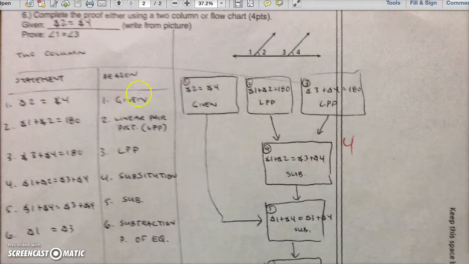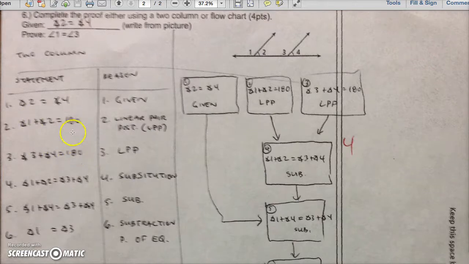Some equations you'll need to get from your picture here are angle 1 plus angle 2 equals 180 and angle 3 plus angle 4 equals 180. They're both linear pair postulate. Well, if you look at both of these equations, there's only one thing they have in common, and that is 180 degrees.